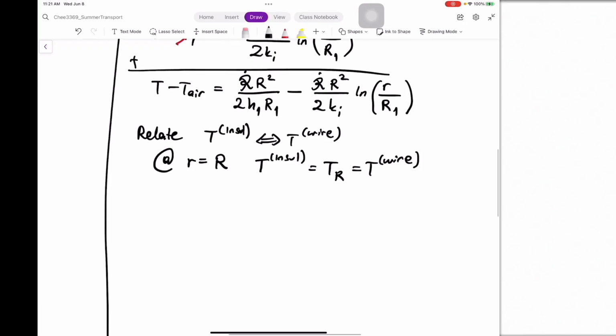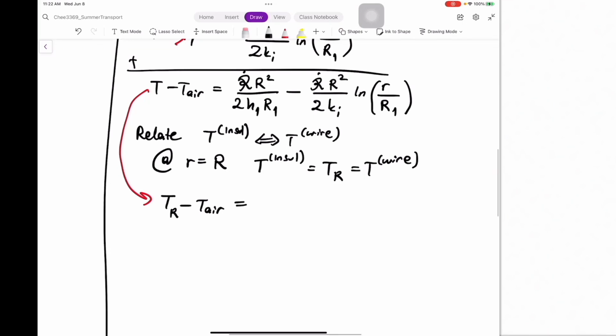And you can actually write down the above formula for r equal to capital R for the insulator, and you would find that T_R minus T_air is equal to, I'm going to replace the lowercase r's by capital R's.